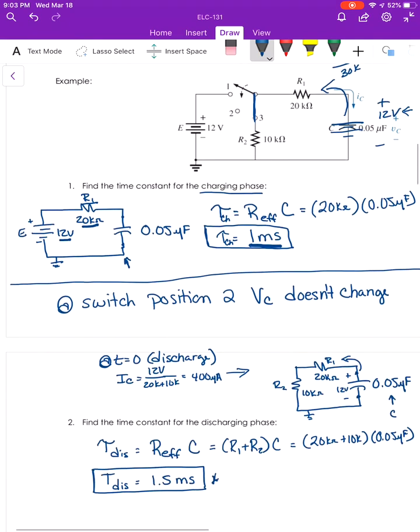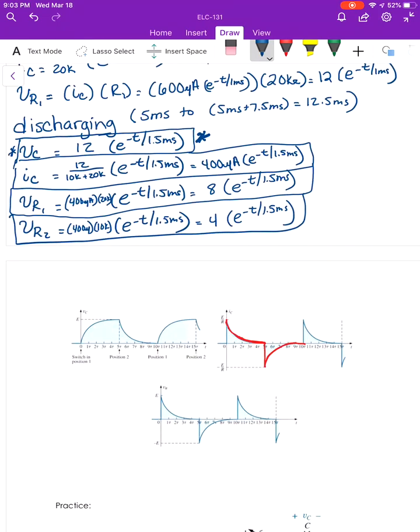So it's going to drive current in the other direction. So when we see this curve, that's what we're talking about. In the discharging phase, it drops the other direction. And all that means is it's in the opposite direction of the original current. That's all.